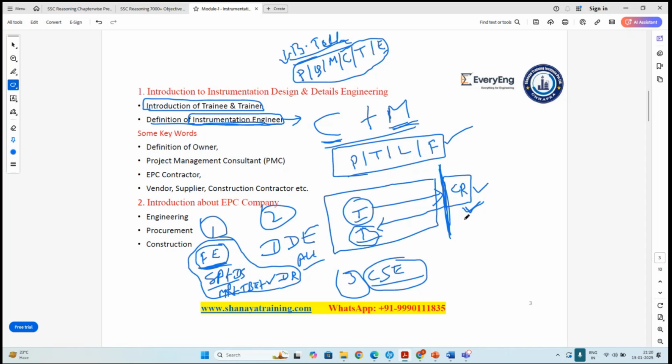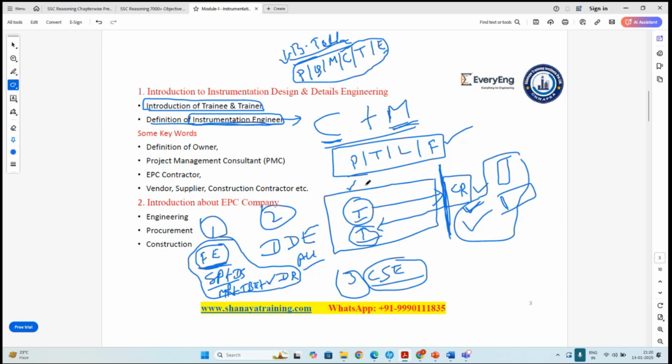We are not going to do any programming in the control room controller. We are not going to do any mimics preparation in the controllers. We are not going to prepare the control logics. These are the things taken care of by the control system engineer.